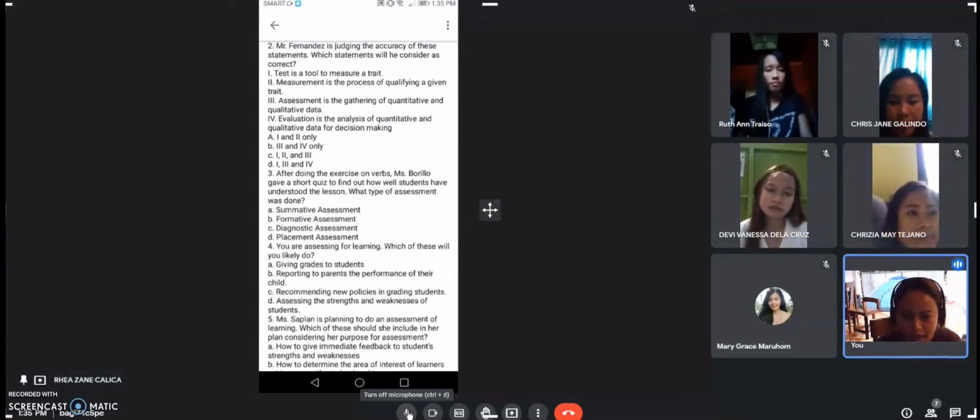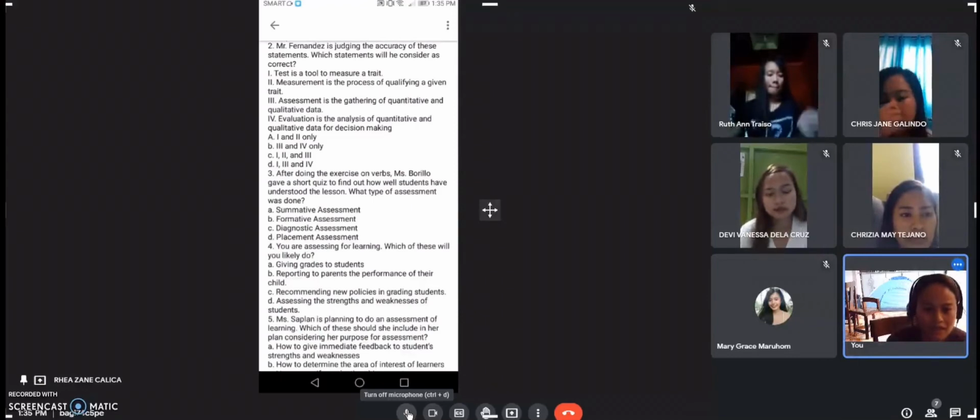And dapat dira ang ikatulo. Assessment is the gathering of quantitative and qualitative data. So, ang tulo pod nga kuan is kining ikaupat. Evaluation is the analysis of quantitative and qualitative data for decision making. So, next.